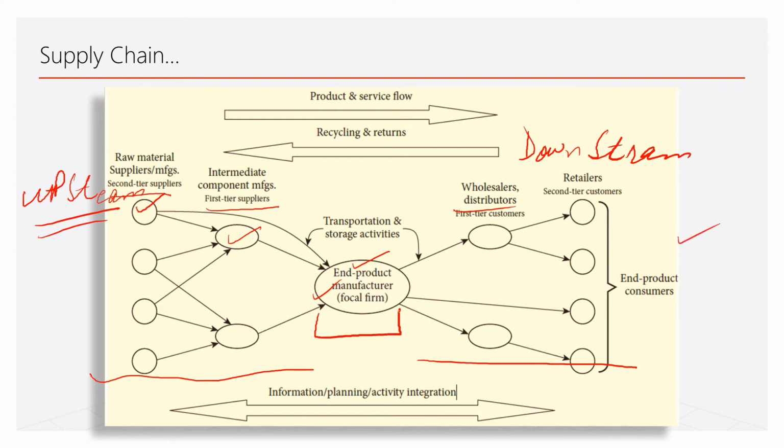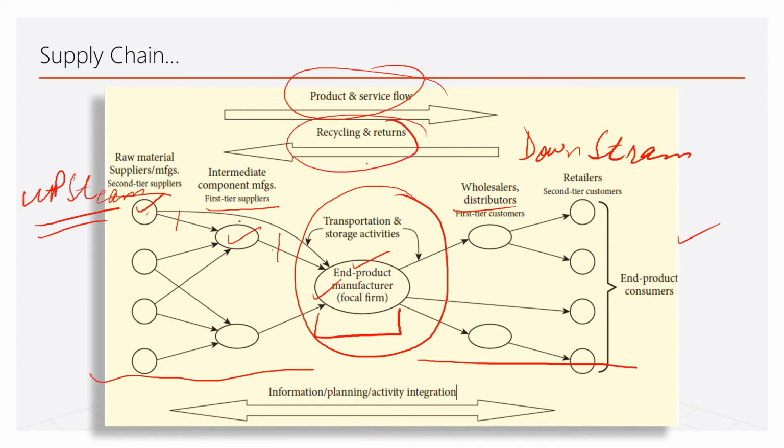So this is the downstream supply chain, this is the upstream supply chain, and this is basically the manufacturing. These arrows indicate the storage activities or the transportation as we move from this place to this place, and between them we may have storage areas. This is how we manage the supply chain, the product and service flow, as well as recycling and returns if they are occurring.